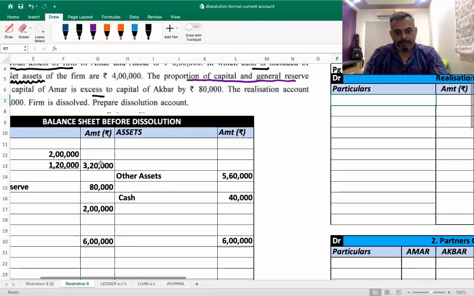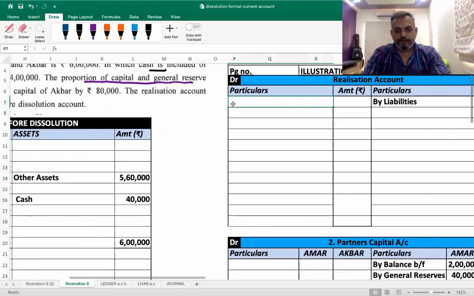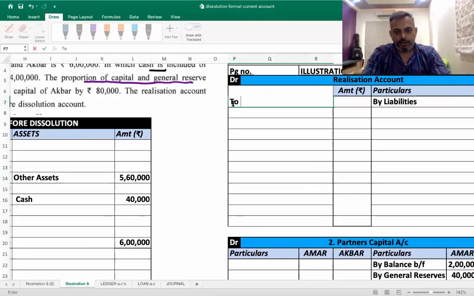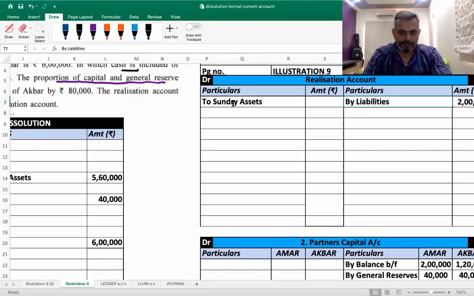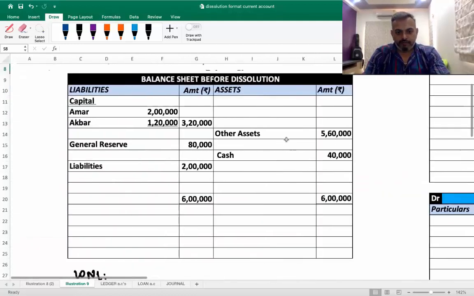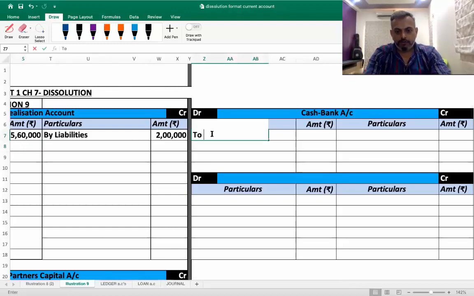Then liability side all done. Other assets, we transfer other assets, or we can write sundry assets because there will be more. Hopefully even here you can write by sundry liabilities. 5,60,000. Cash 40,000. So cash account to balance brought forward 40,000.